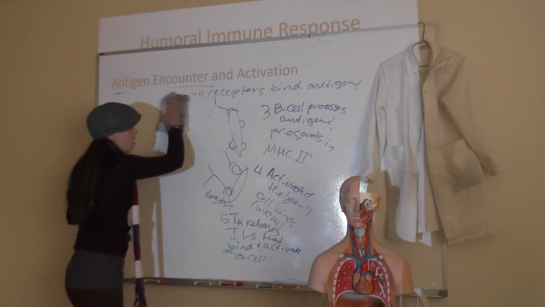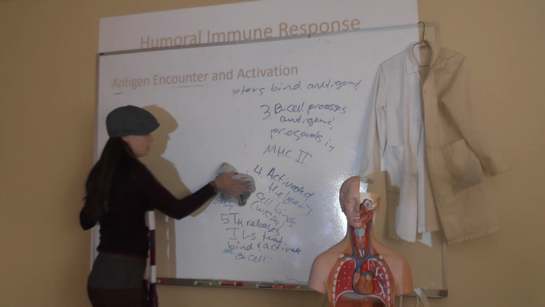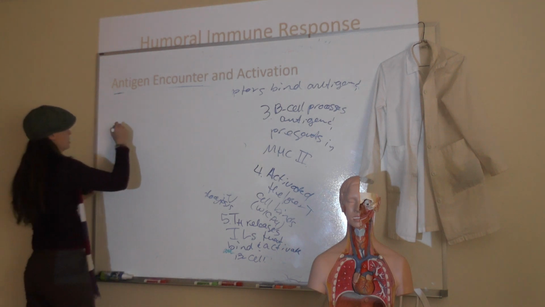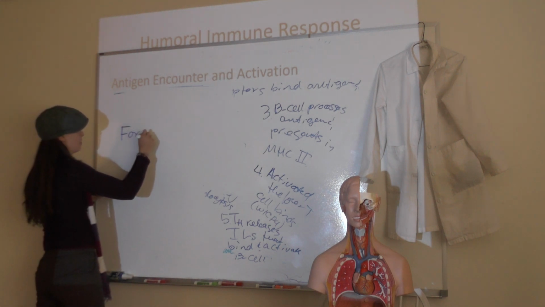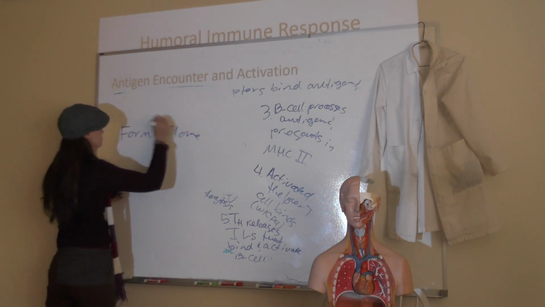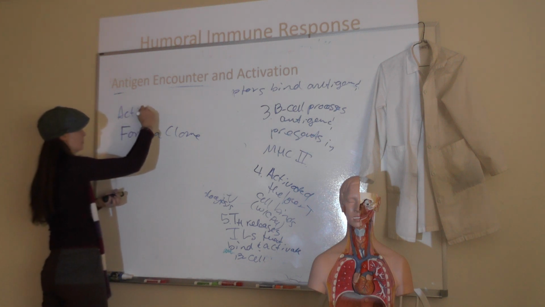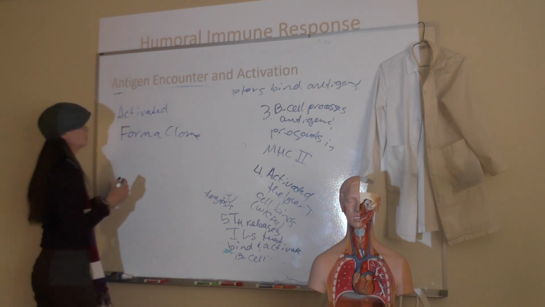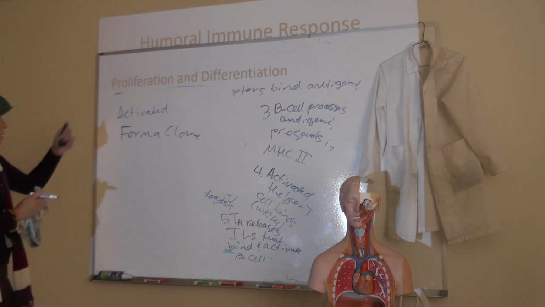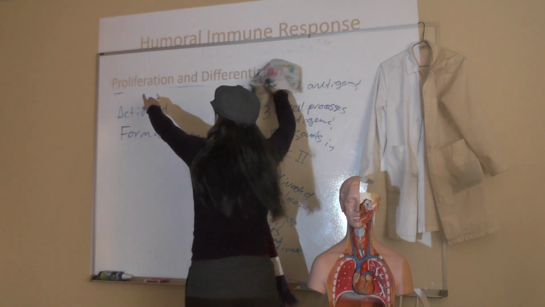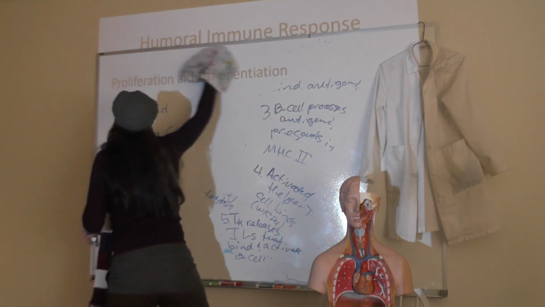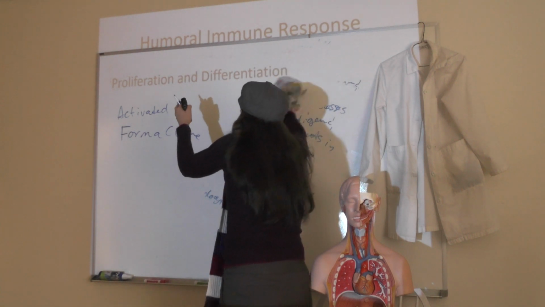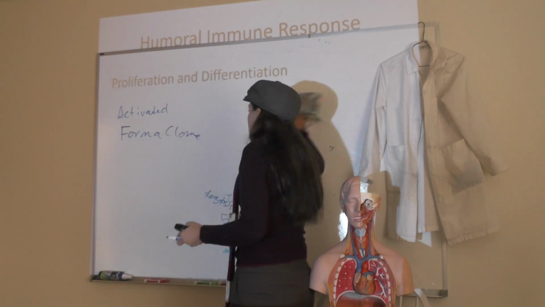What is our B cell going to be activated to do? Form a clone. So I get activated to form a clone. What's a clone? Well, it's this large group of cells that are going to proliferate and be already ready to fight the bacteria.